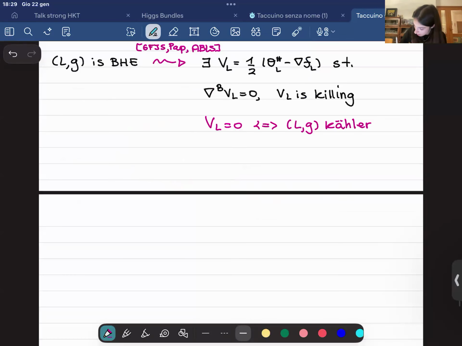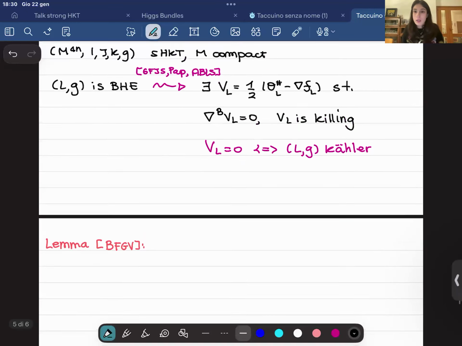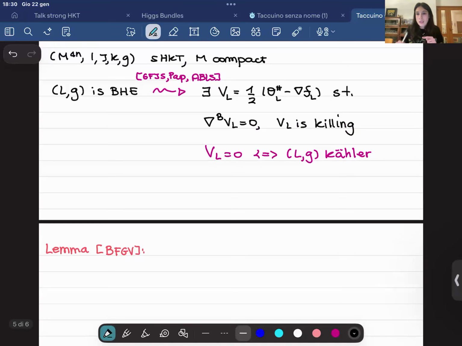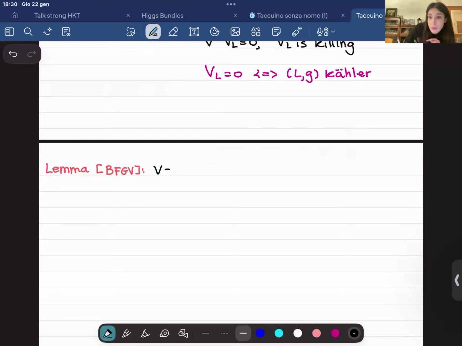So let me state this lemma. And this is the first lemma of the paper that I want to show you. Belgun, Moroianu, Verbitsky, that I have 3 of them a priori because I have 3 Hermitian structures, but it turns out that all of them coincide.